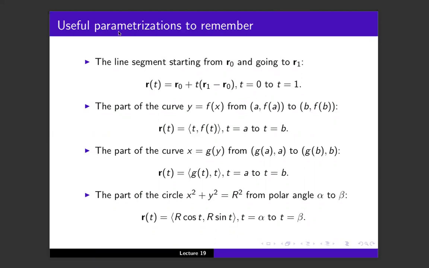You can see that it's a line. This is a line segment that contains R0, and it's in the direction of R1 minus R0.